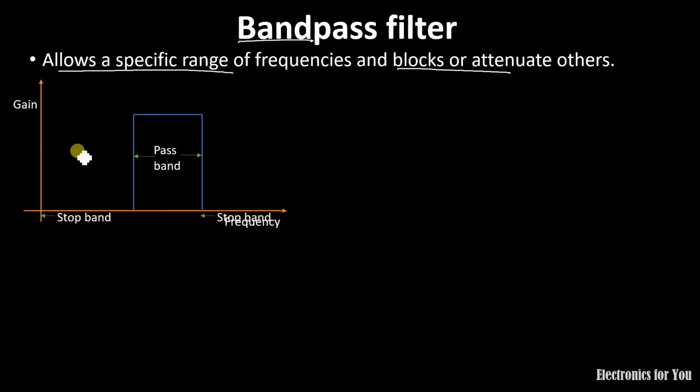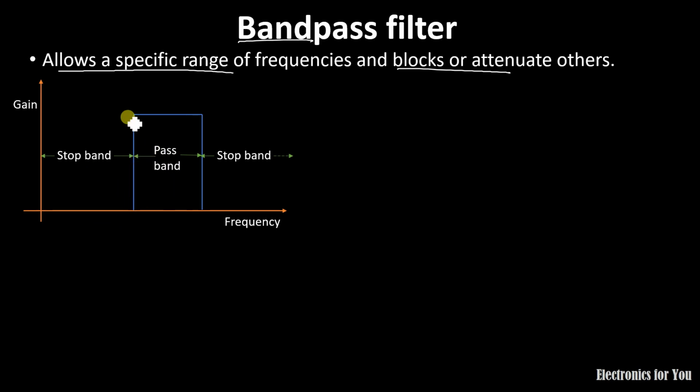So it is a stop band, but it has two stop bands, because this is the pass band, say some 50 to 100 hertz are allowed, and lower than 50 is blocked, similarly higher than 100 is blocked. So there are two stop bands and one pass band in a band pass filter.